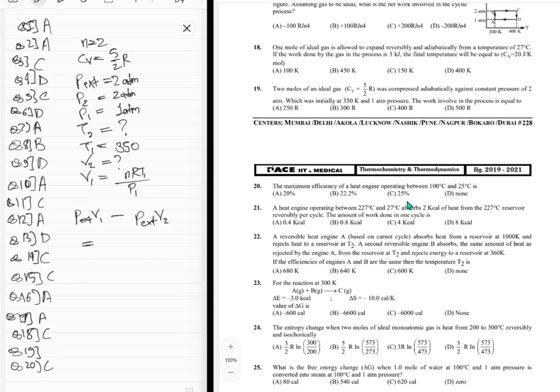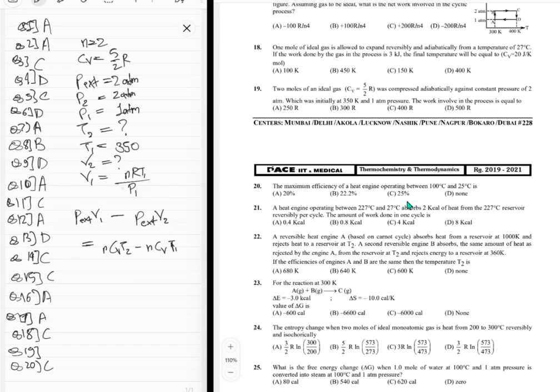Wait a second, is this the thing? V1 is a bigger quantity, isn't it? And yeah, so P external into V1 minus V2, that's the work done on the gas, of course. Right, negative PdV, not positive PdV. This is equal to nCV delta T, and that's just nCV T2 minus nCV T1.